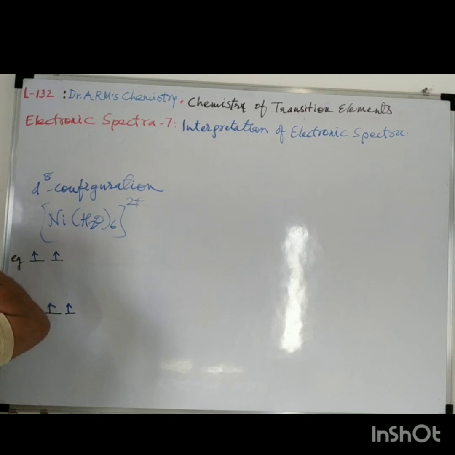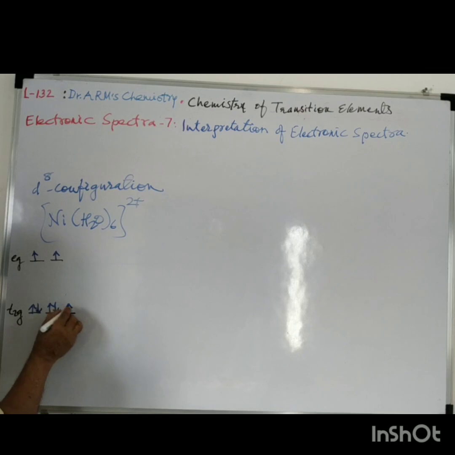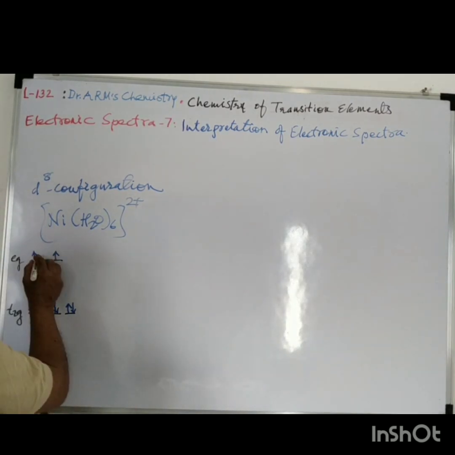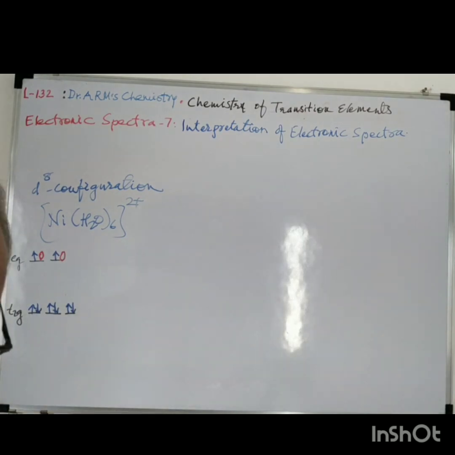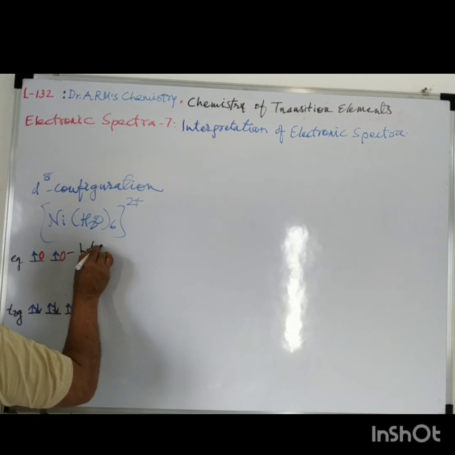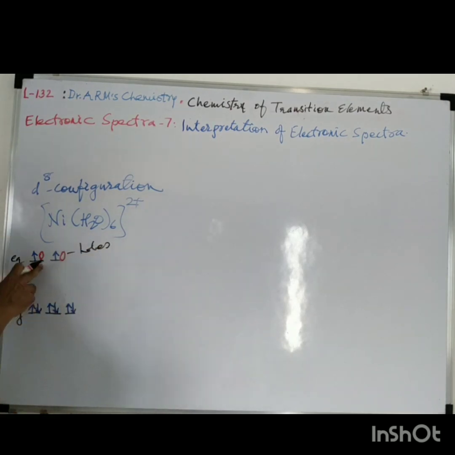This is a weak field ligand. So 5 electrons, then 6th, 7th, and 8th. This way there are 8 electrons distributed. Now there are 2 holes in the Eg level, as we have seen here.